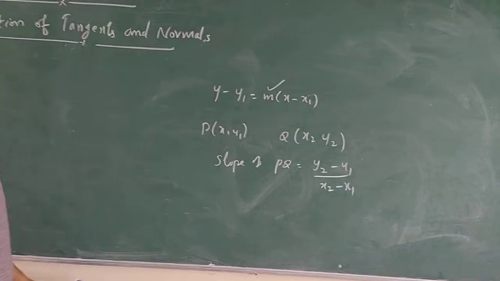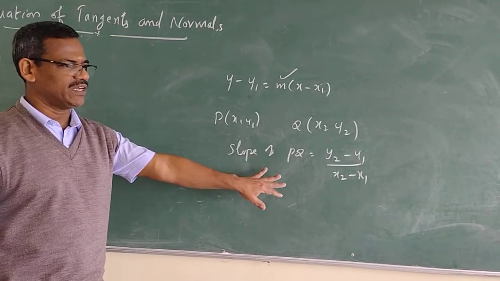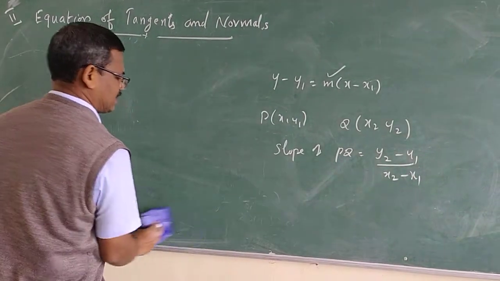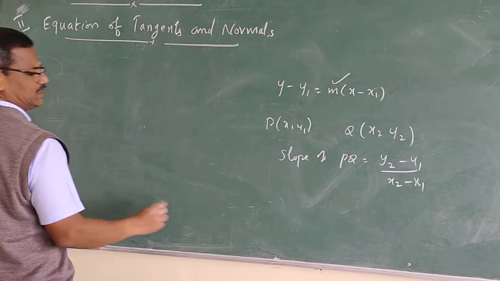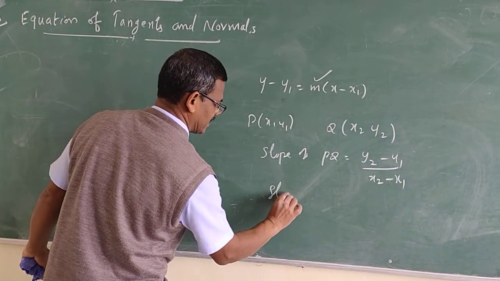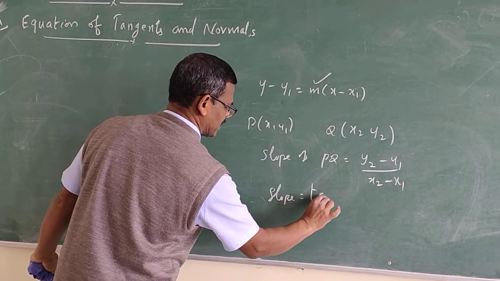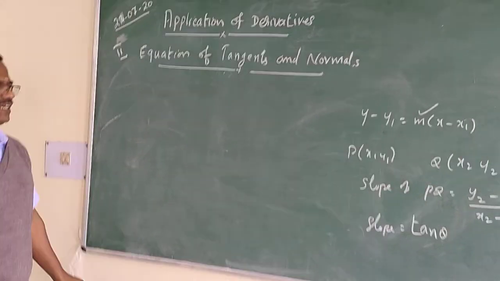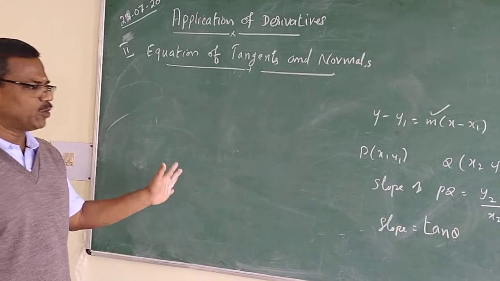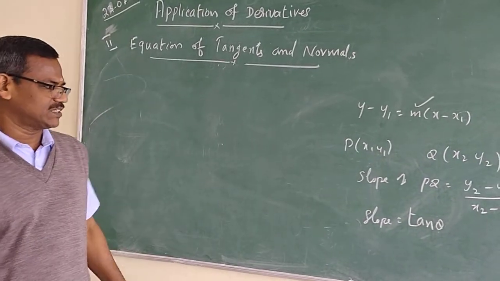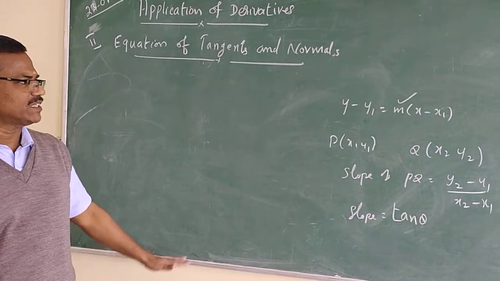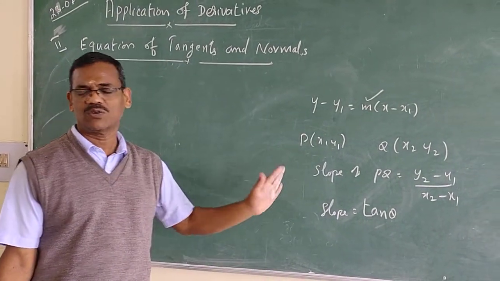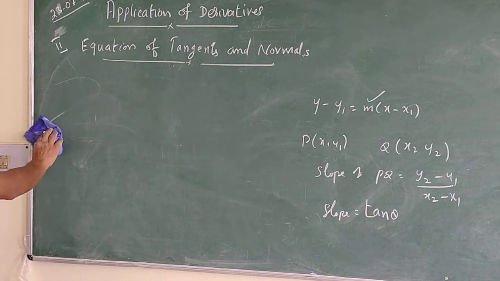That is, the ratio of the difference of y coordinates to the difference of x coordinates is the slope of the line. You also learned that slope is equal to tan theta, where theta is the angle the line makes with the positive direction of the x-axis. These are the basic ideas we require for studying this topic.